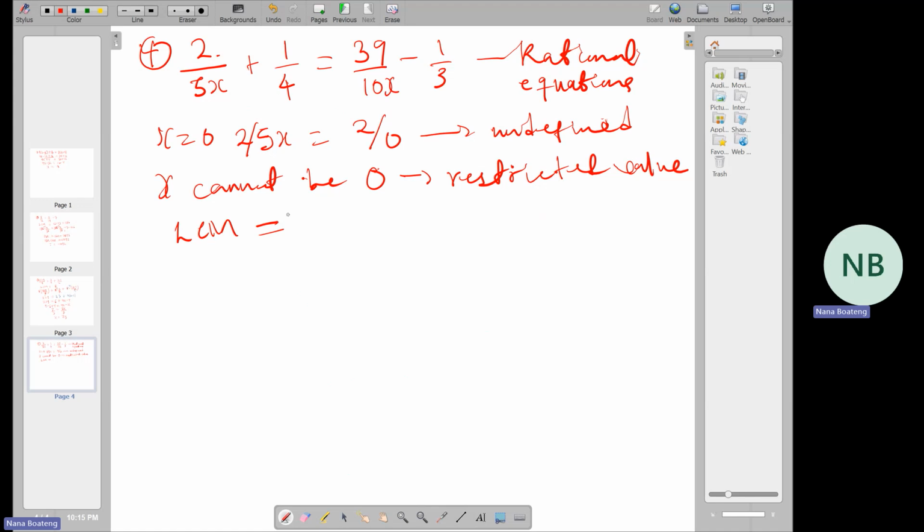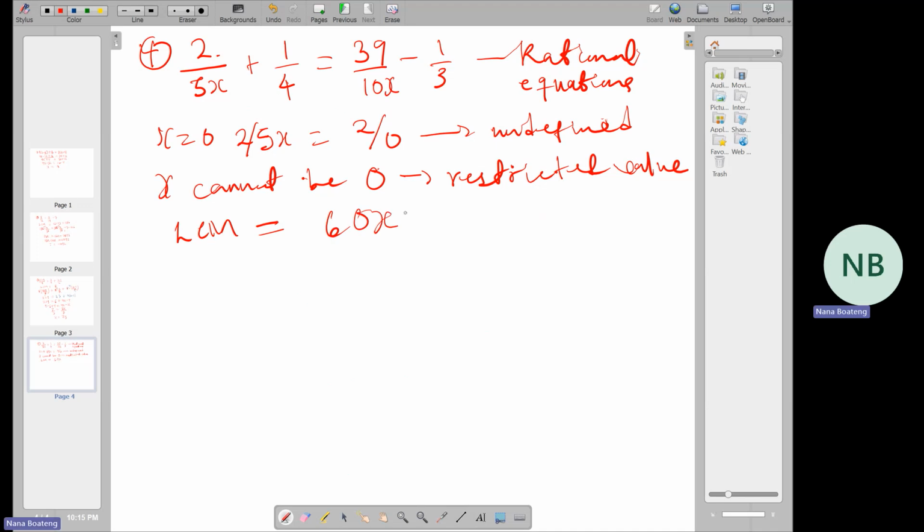So we can see that 60x can divide every single term at the denominator. So our LCM that we pick is 60x.